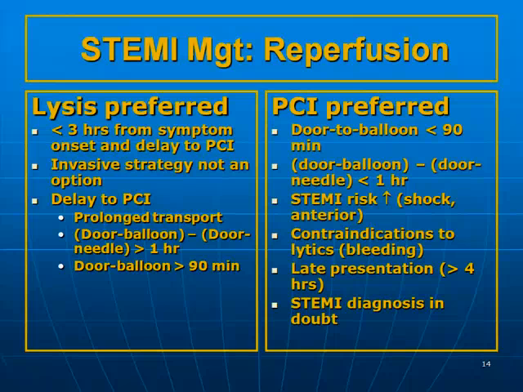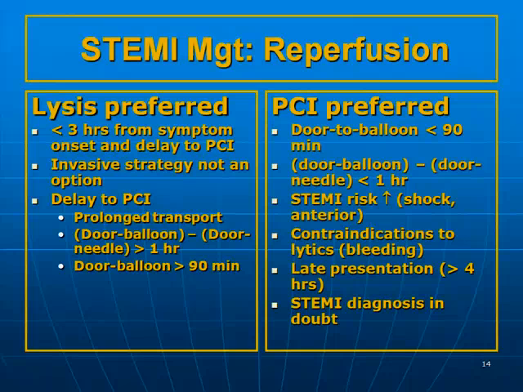PCI is preferred if obviously you can get the procedure done within 90 minutes from presentation to preferably the ambulance or helicopter, but also even if it's presentation to the hospital. If the door to balloon compared to door to needle is less than an hour, then that's great. Your PCI would be preferred.